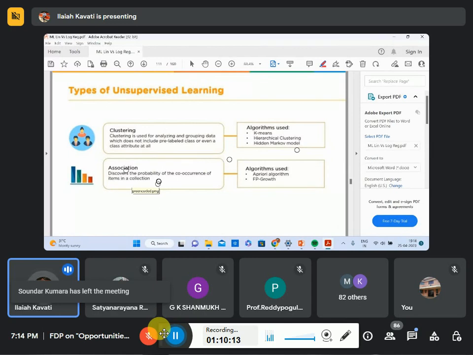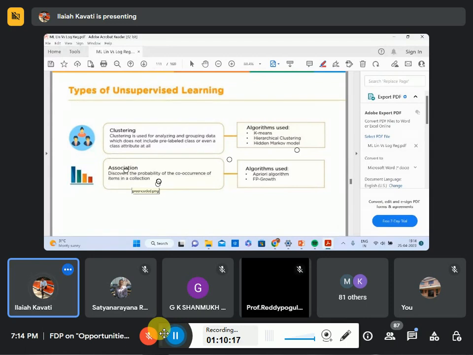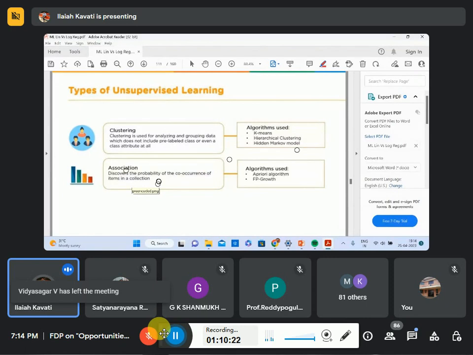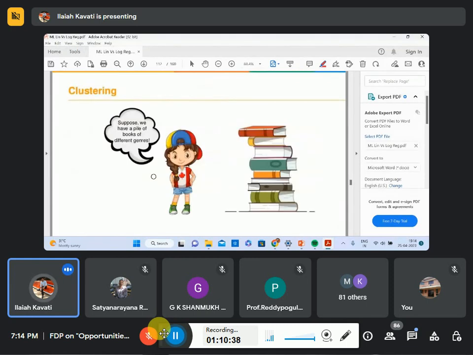If that is there, then automatically in the next rack or next to that, the associated item will be there. The probability of that is more. For that, we use association mining or association rules. Anyway, I'm not going to cover that. I'll simply cover the clustering.